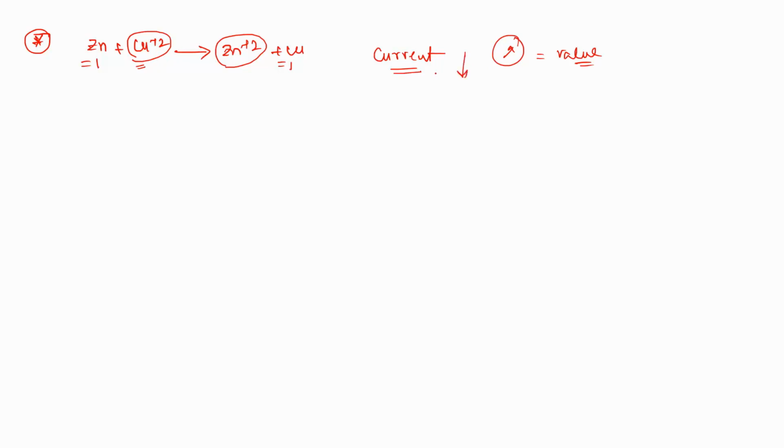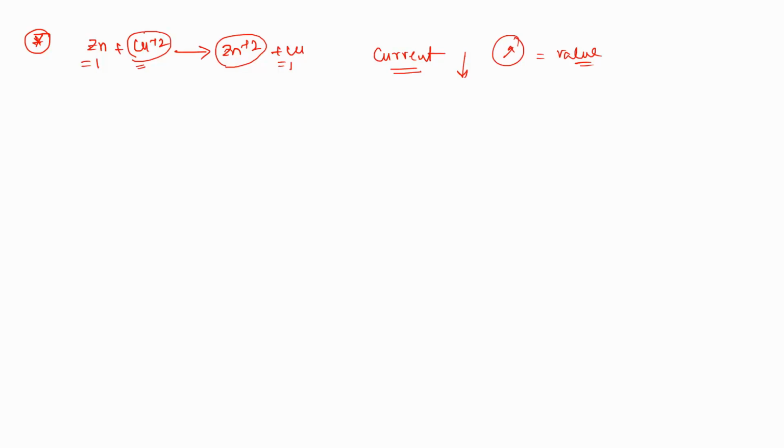We will not get the amount of current we got at the starting point of this reaction, because copper plus 2 is reduced to copper.